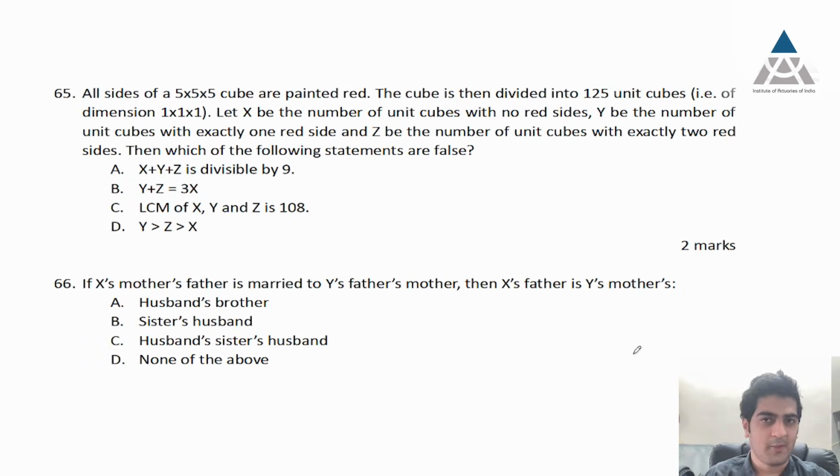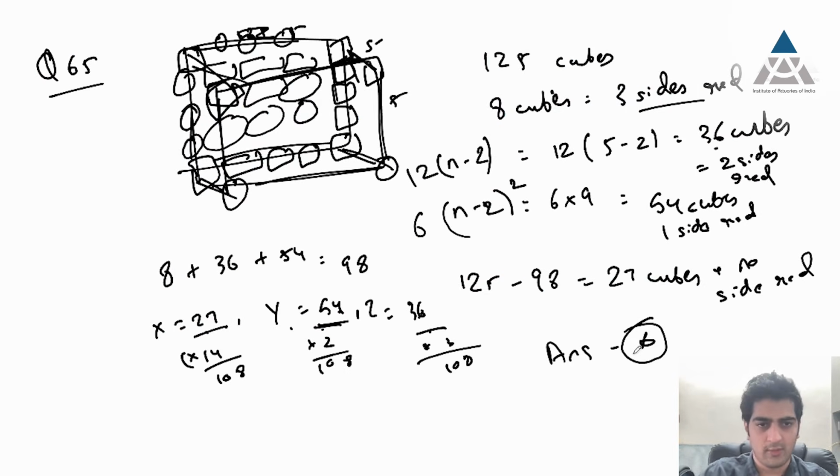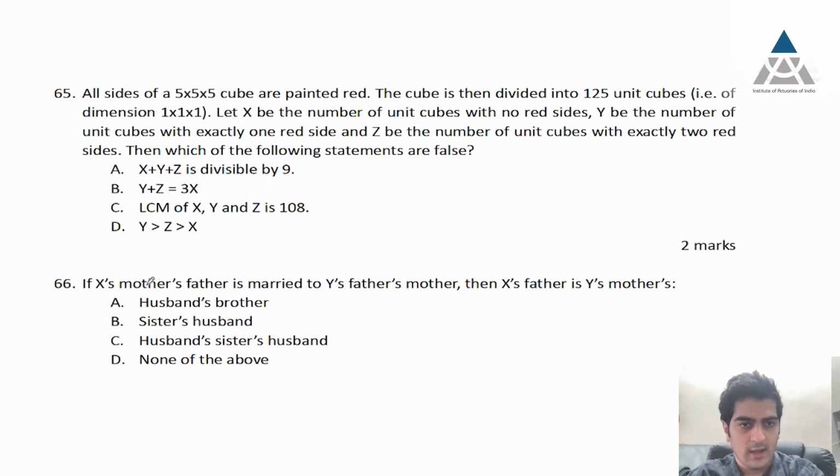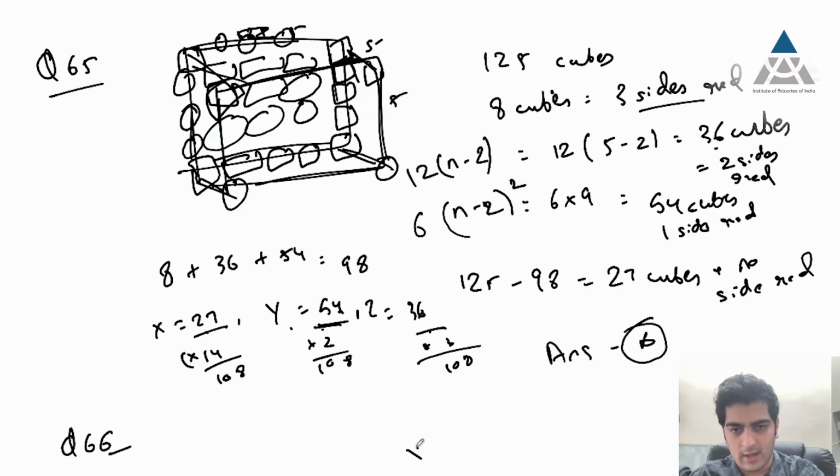So again, the father mother type question has come up. So if x's mother's father is married to y's father's mother, then x's father is y's mother's what? No need to think so much. Let's just create a nice family chart. Okay, so question 66. X's mother's father. So x obviously has a mother who has a father.